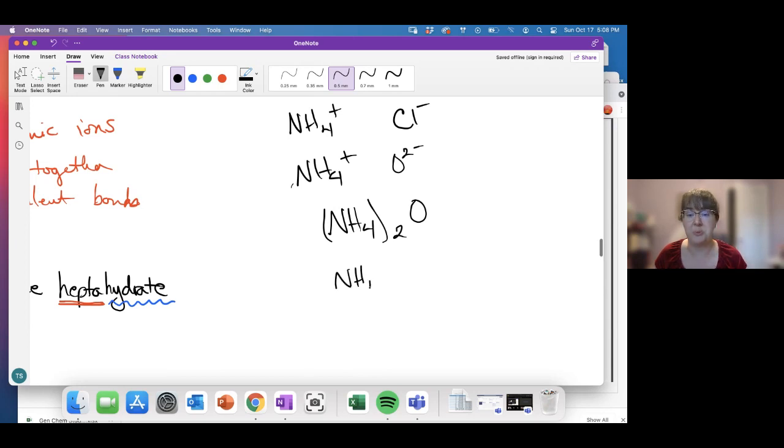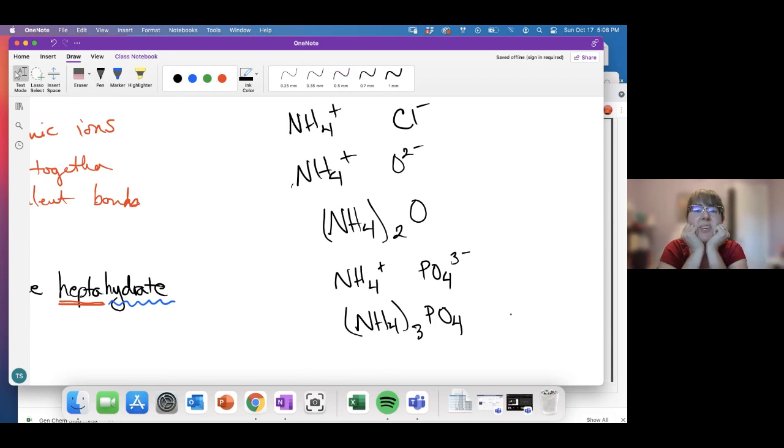We could even do multiple polyatomic ions. Oh, you are not excited about this, I know. Ammonium phosphate. Even more nonmetals. Two sets of polyatomic ions coming together, making an ionic compound, even though they're all nonmetals. So again, this is that part where we expect y'all to know your polyatomic ions so you can recognize them.